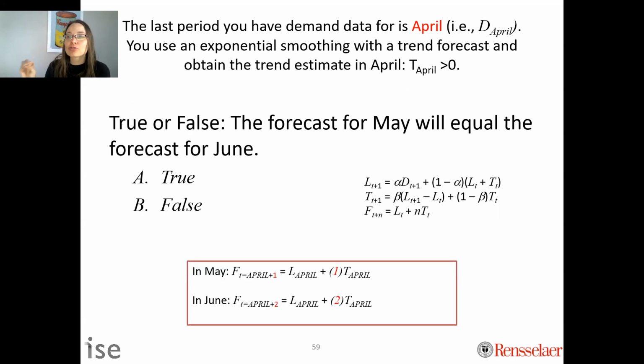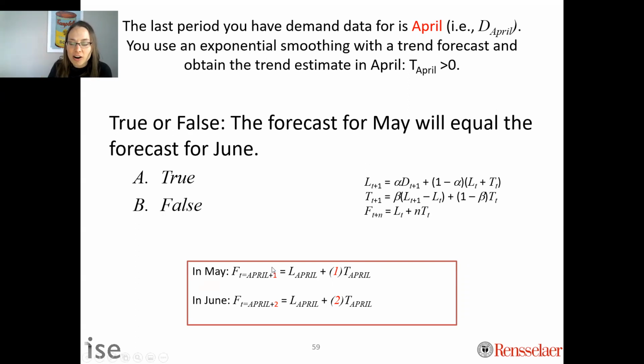In exponential smoothing with a trend, the forecast into the future is not the same as we saw in simple exponential smoothing. That's because of this equation with the n. So in May, you can see here, we still use L of April and T of April. Those we use for anything into the future. However, the forecast changes because, again, in the past our data had a trend, so in the future our data should have a trend.